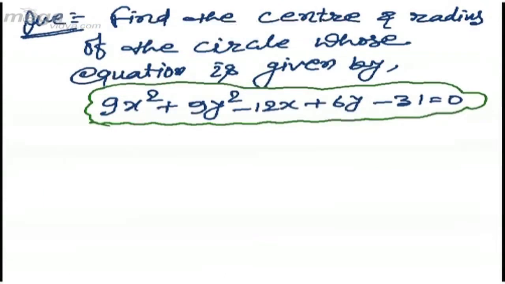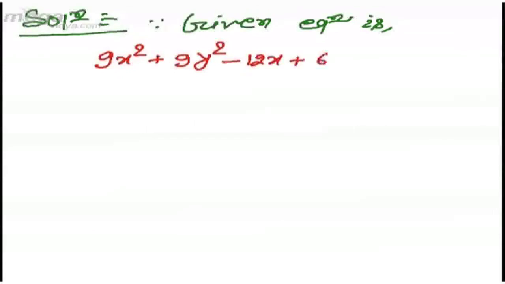So here also, first of all, we will make the coefficient of x square and y square as 1, 1. So see here, the given equation is 9x square plus 9y square minus 12x plus 6y minus 31 is equal to 0.